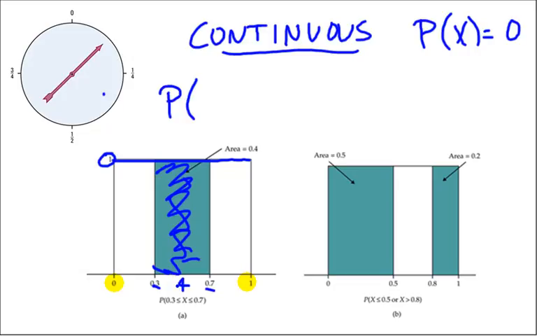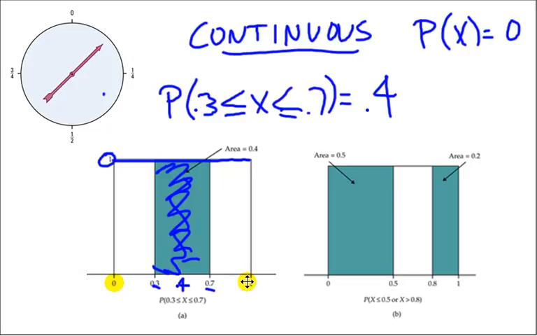So the probability that X is between 0.3 and 0.7 is 0.4. And this probability is no different than this probability because the individual probabilities of it being 0.3 and 0.7 are 0. So if I just had it less than, without the equal sign, it would be exactly the same. A little bit more in the last podcast.